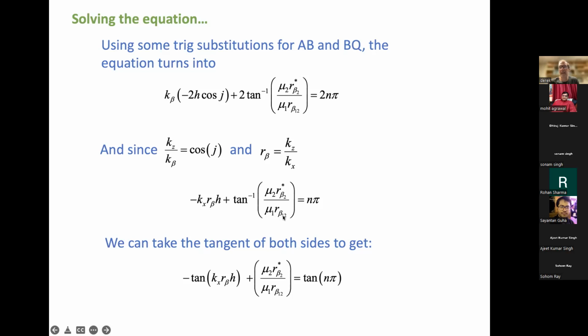That should say 1, not beta sub 1, 2. And that all has to equal n pi, so we've divided out the 2 here. We can take the tangent of both sides to get the equation here at the bottom.